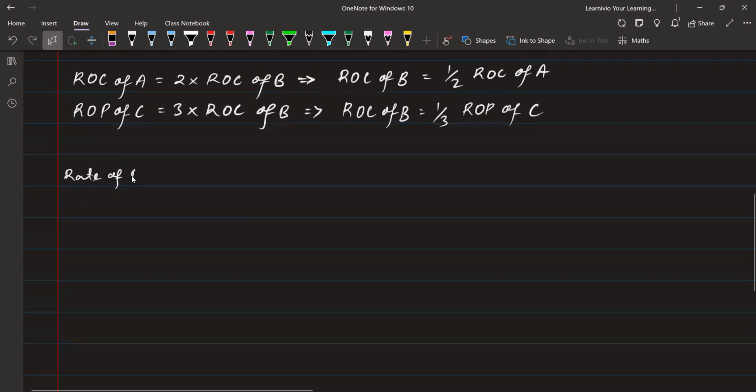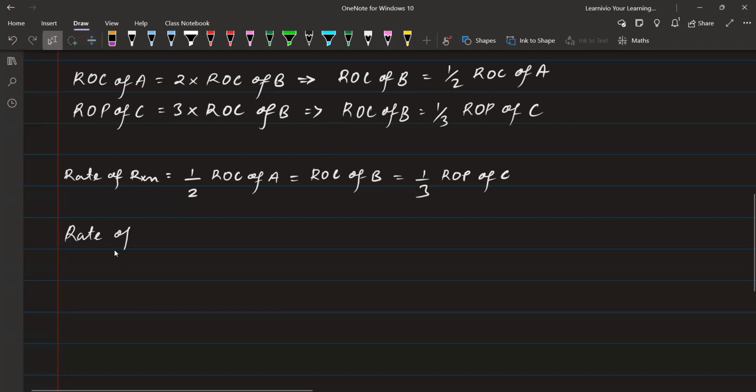Rate of reaction is given as 1/2 the rate of consumption of A, which will be equal to the rate of consumption of B, which will be equal to 1/3 the rate of production of C. So how do we define the rate of reaction mathematically?